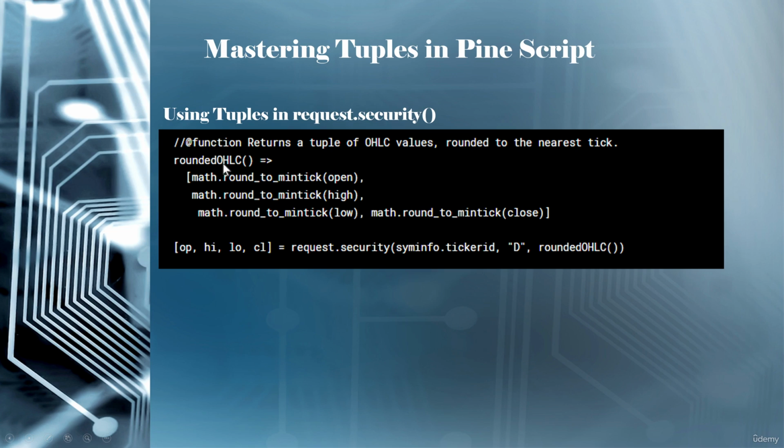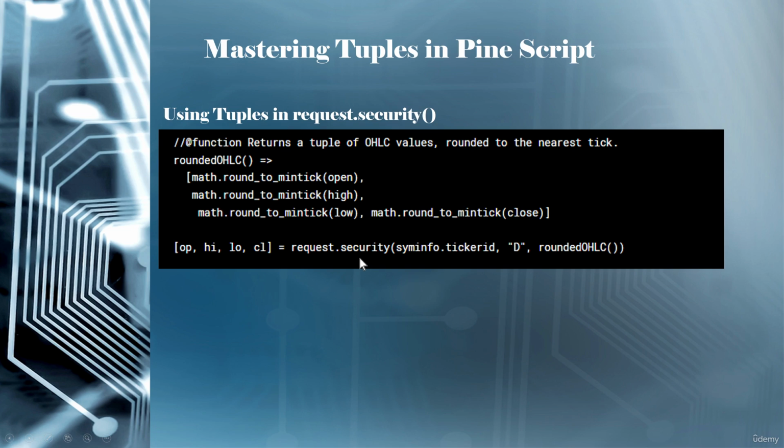We will use this function call inside of the Request.Security call as a parameter for an expression. And because of that, Request.Security will return a tuple of these rounded open, high, low, and close values. Therefore, we declare the tuple consisting of 4 variables, and we assign to this tuple return of the function Request.Security.